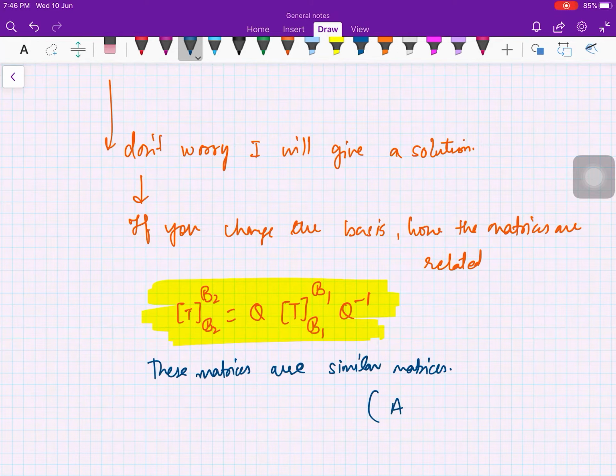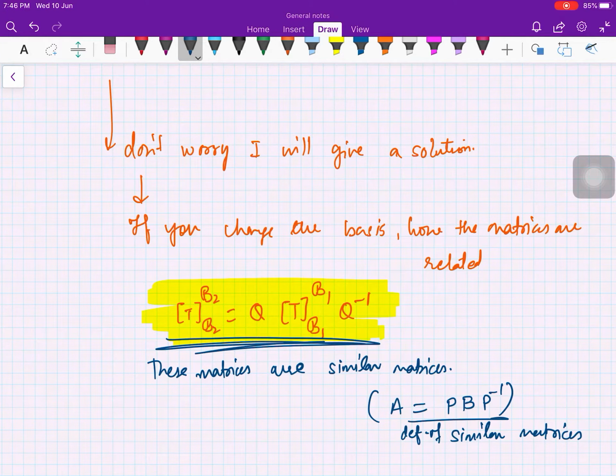Similar matrices: A and B are said to be similar if there exists an invertible matrix P such that A is equal to P inverse B P. This is the definition of similar matrices, and this result we have proved in the last chapter.